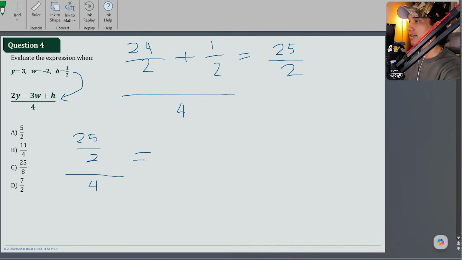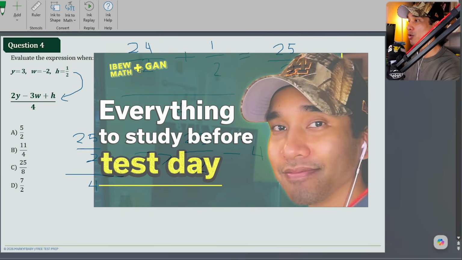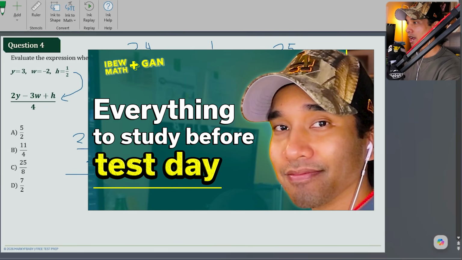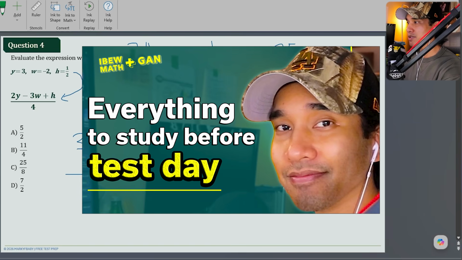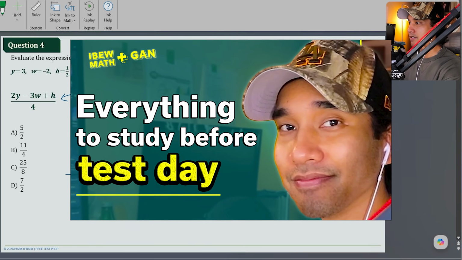Now I'm going to rewrite this, because that looks tricky. 25 divided by 2 divided by 4. Now this is a little easier for you to look at. So, do you remember from the 20 skills you need to know video, do you remember how to divide with fractions?